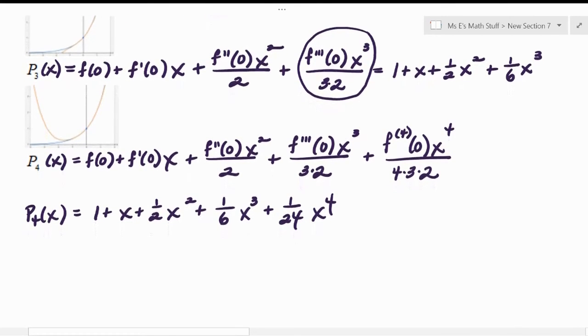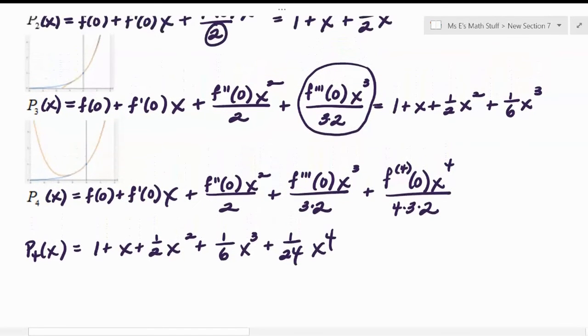Okay. So I feel like you're ready to see the pattern. I wanted to point out, if you didn't notice already, that 4 times 3 times 2 is just 4 factorial. 3 times 2 is just 3 factorial. 2 could be thought of as 2 factorial, and it wouldn't hurt anything. f prime of 0 totally could have been divided by 1 factorial, and f of 0 totally could have been divided by 0 factorial, because by definition, 0 factorial is just 1.